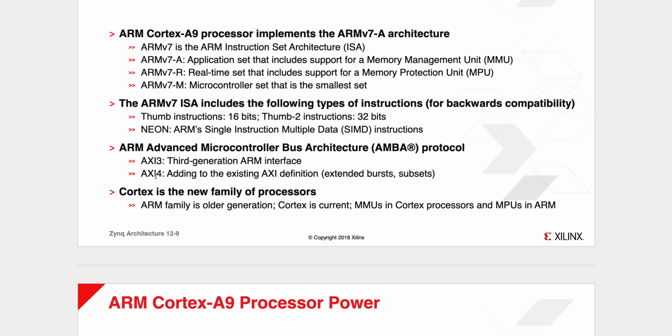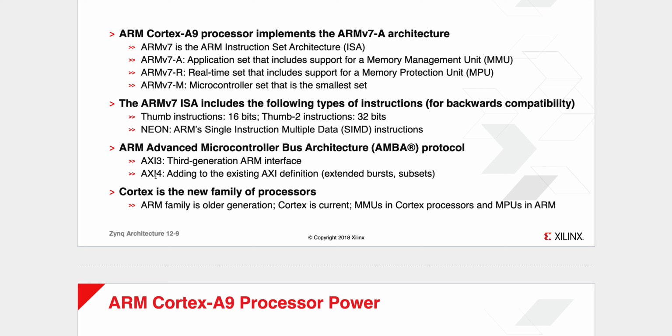But the Cortex itself doesn't have to implement the ARMv7-A. That's the only difference. And the Cortex, a new family of processors, contains MPUs, which is a memory protection unit. It doesn't have to implement the ARMv7-R. That's the only difference.